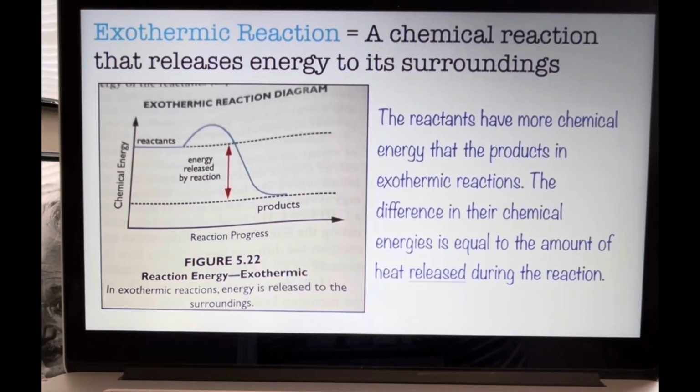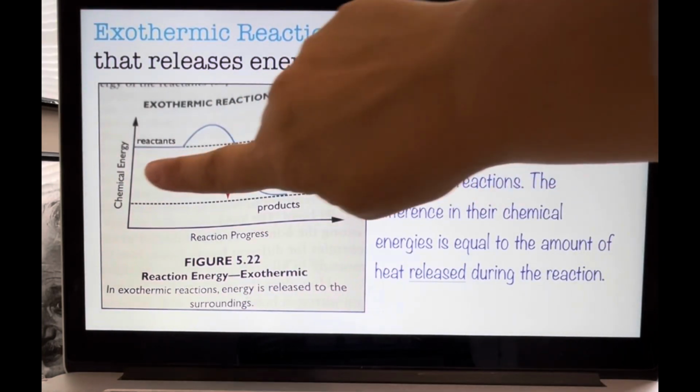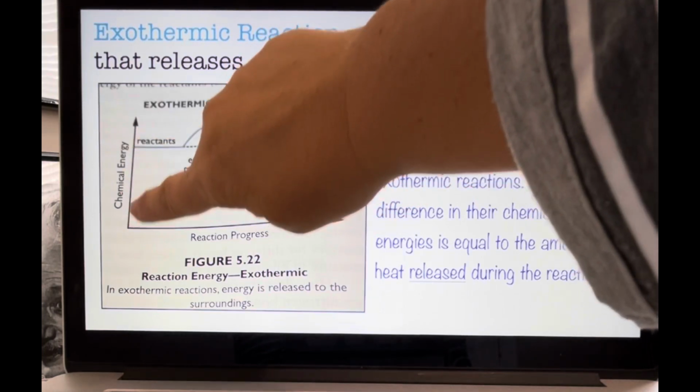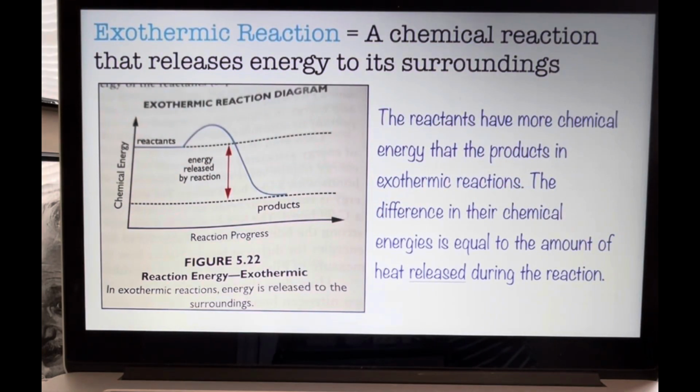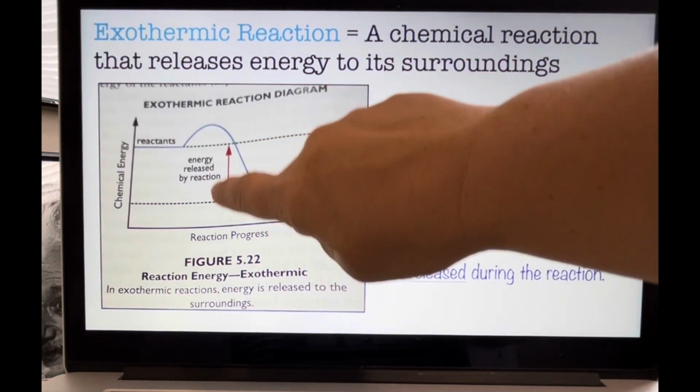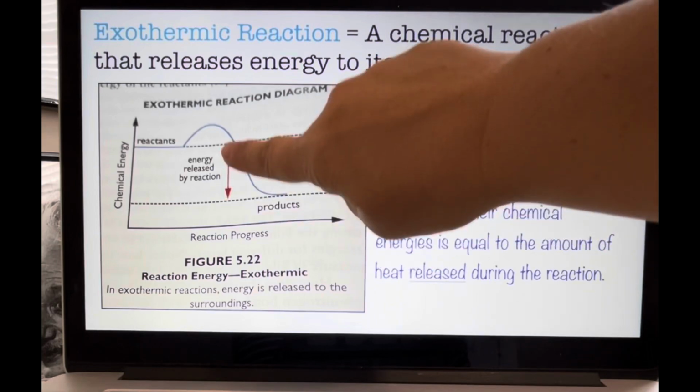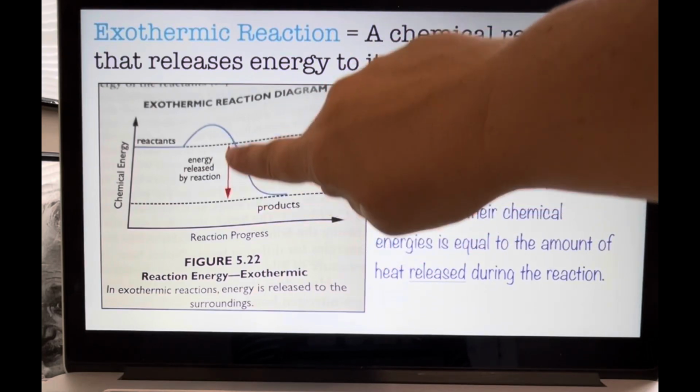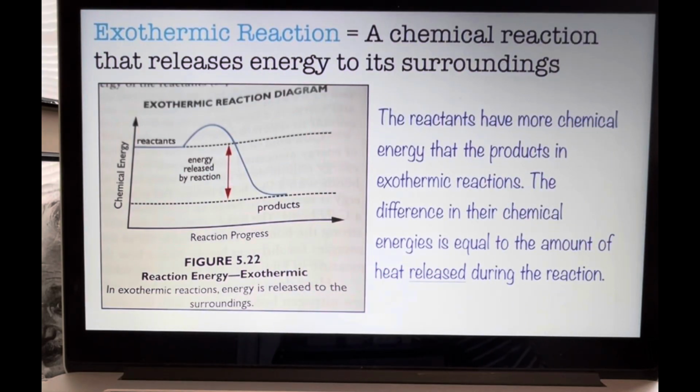The reactants have more or greater chemical energy than the products in an exothermic reaction. The difference in their chemical energies is equal to the amount of heat released during the reaction. So the difference between them is the energy released by the reaction.